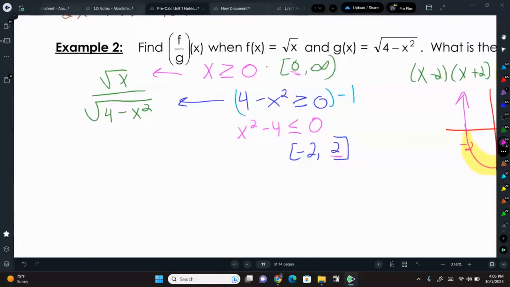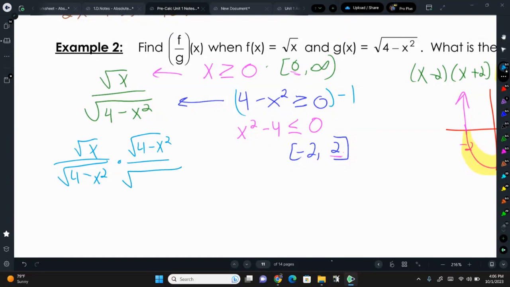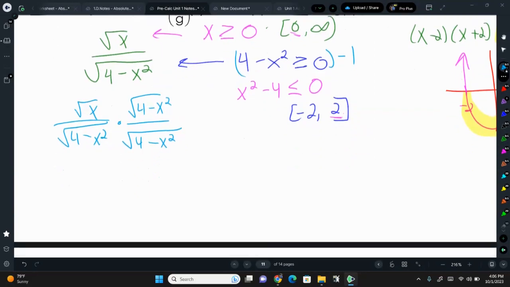All right, so now that we've settled the domain issue, we can get back to actually simplifying this, because we can't have a radical in the denominator. So we multiply the top and bottom by the denominator. So what that does to the denominator is it makes it go away.